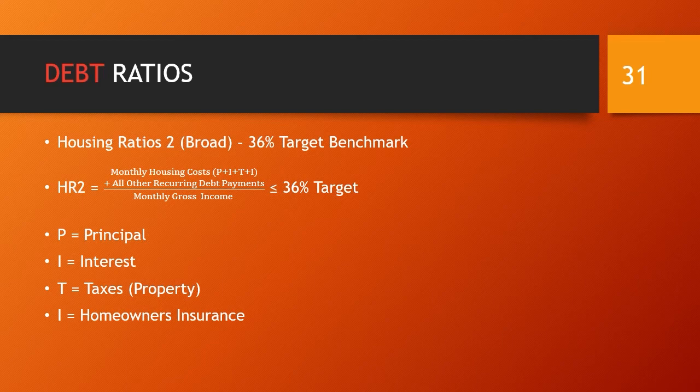Now, what else does this 36% ratio mean? It means that 36% of your monthly income is going to go towards housing costs, right? Your mortgage, your taxes, your insurance, and your debt payments. How much of your income is left over?